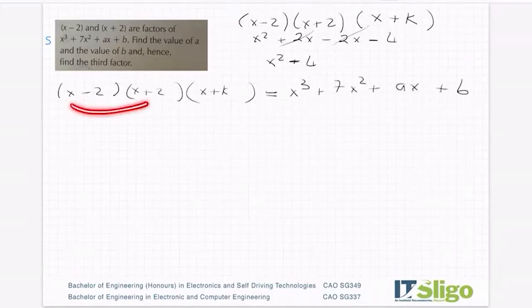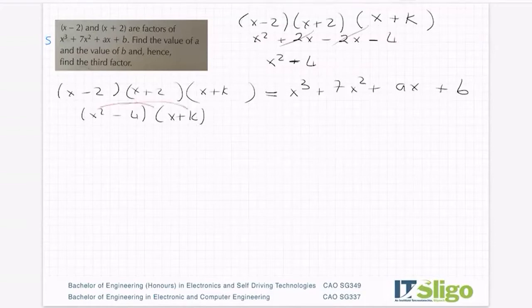Okay, because when you multiply three factors like this together, you can see x by x by x is how you get your x cubed, and then all of the other pieces multiplied will give you the other three terms as well. Okay, so when I multiplied these two together up here, I was starting off this process. So I have x squared minus 4 now by x plus k. Okay, so let's multiply that in.